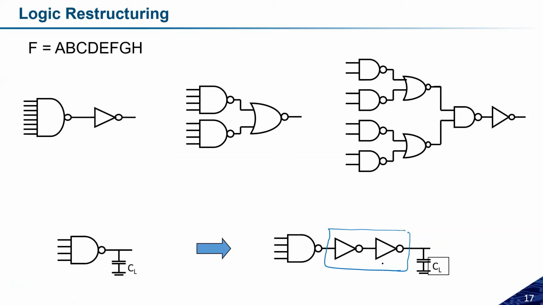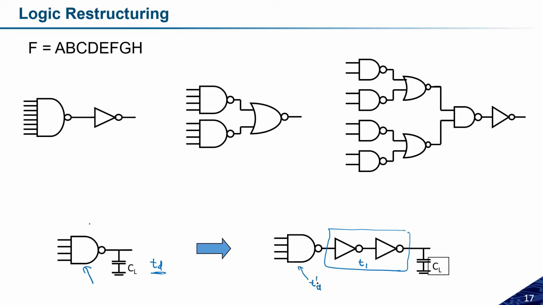In this circuit there could be some self-loading effect. Let us assume the overall delay is TD. After inserting the buffer, let us assume the delay of the buffer is T1, and the delay of this one is TD dash.